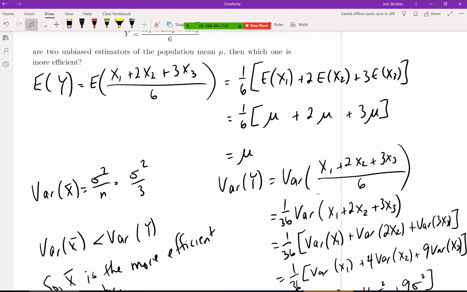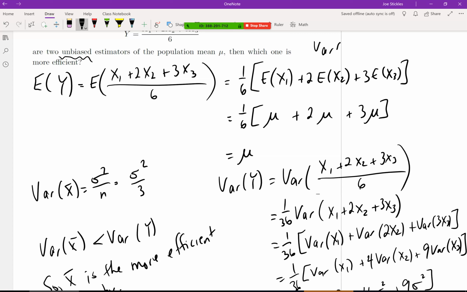Like the equation that they give, the x1 plus 2x2 plus 3x3 over 6. Yes. So in the first part I just did the expected value of y because I wanted to make sure that the problem was right that both of them were unbiased, and I was checking that y really was unbiased.